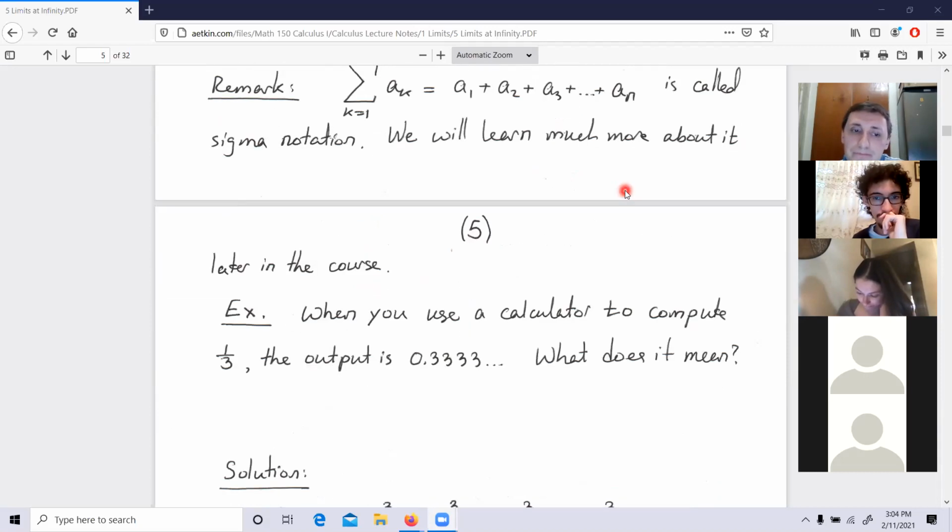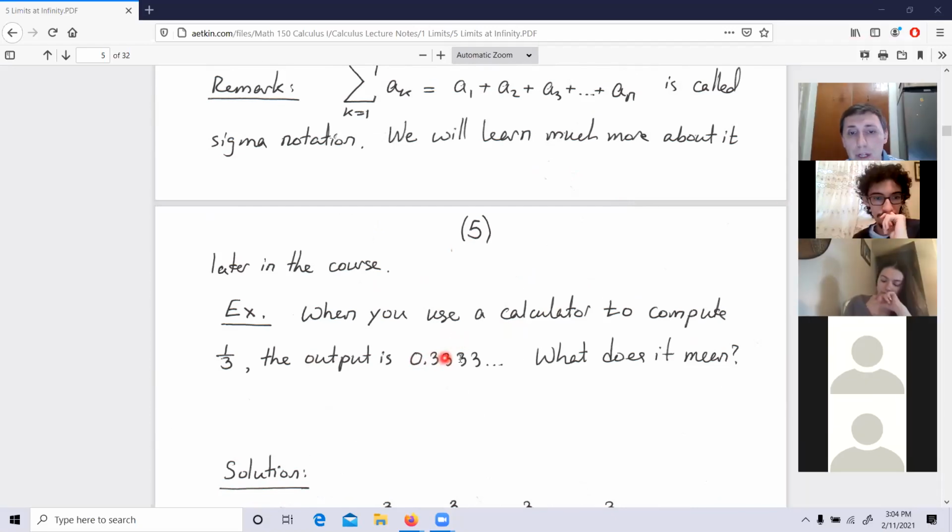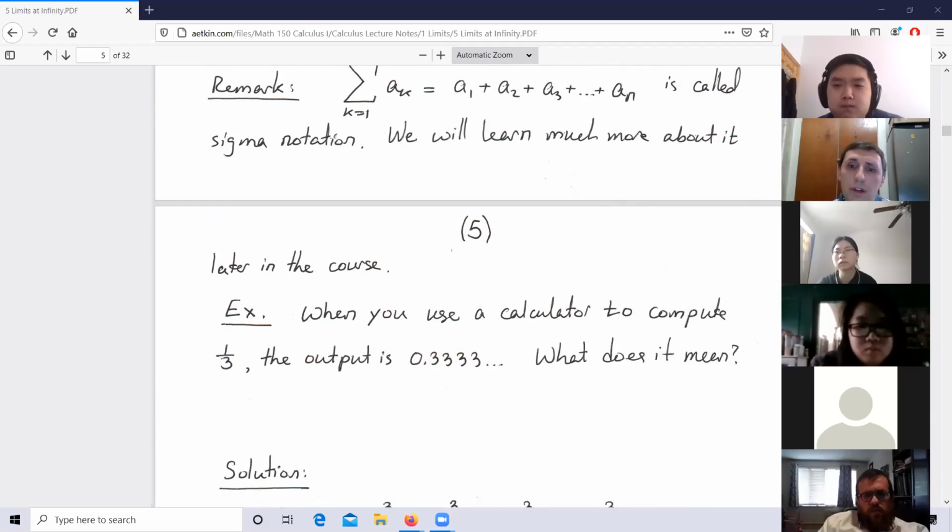Here is a question, guys. In your calculator, when you press 1 divided by 3, have you ever pressed 1 over 3 on your calculator? What you get is 0.3333. What does it mean? What is that 0.333?